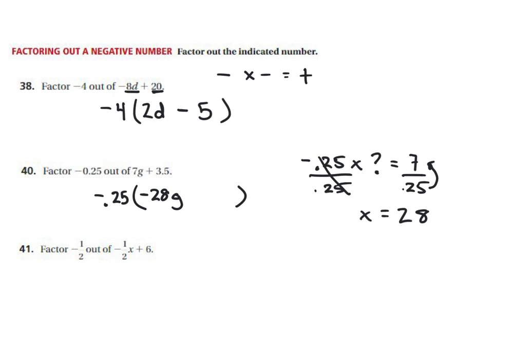And then similarly, what times negative 0.25 is going to give us 3.5?